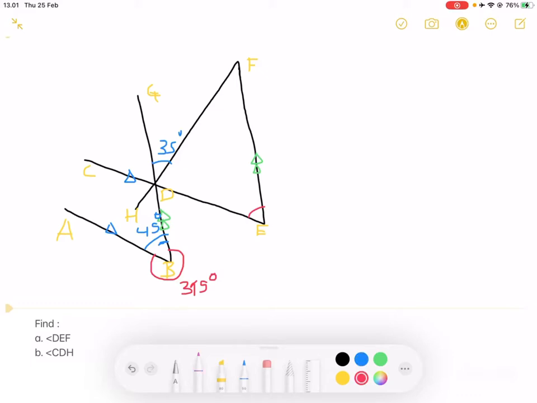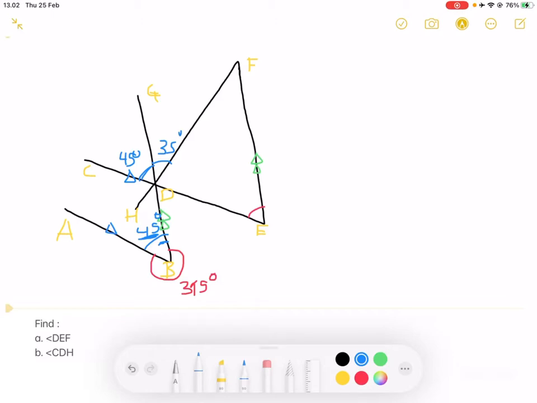And by knowing that this bit right here marked in green is set up for corresponding angles, and by corresponding angles, this 45 degrees must be equal to the angle CDG, so this must be 45 degrees.